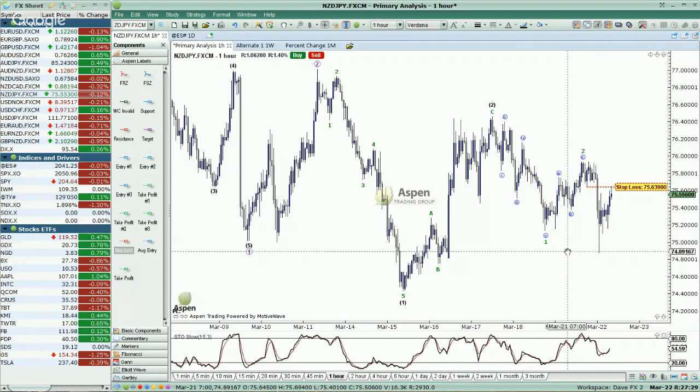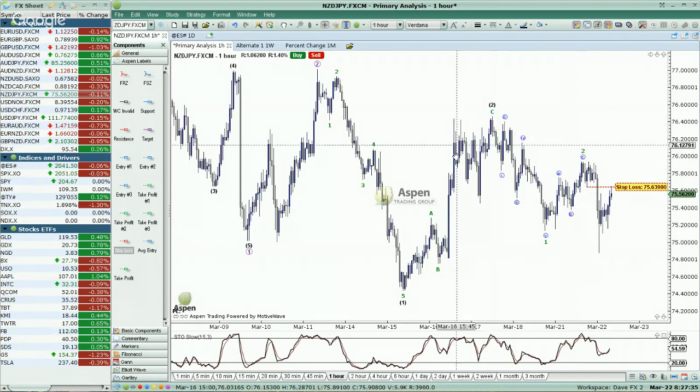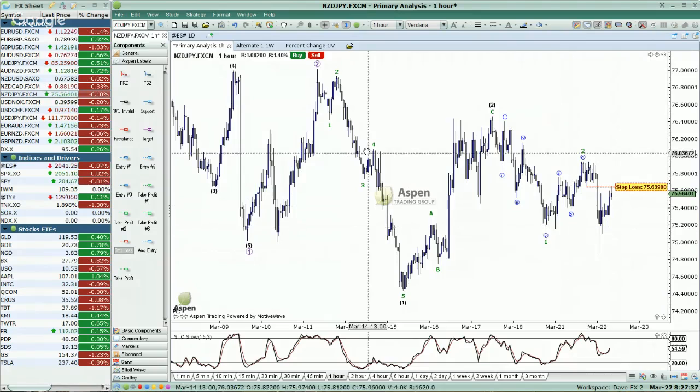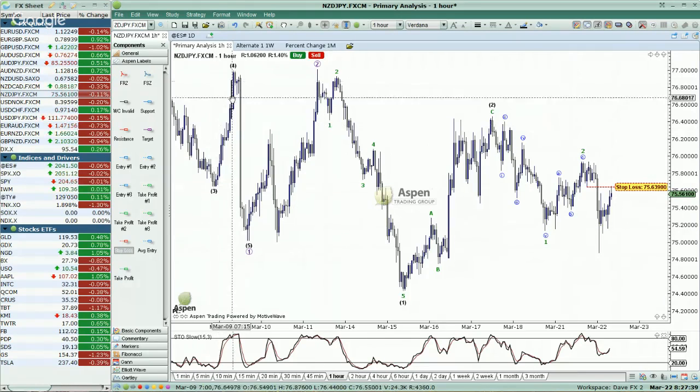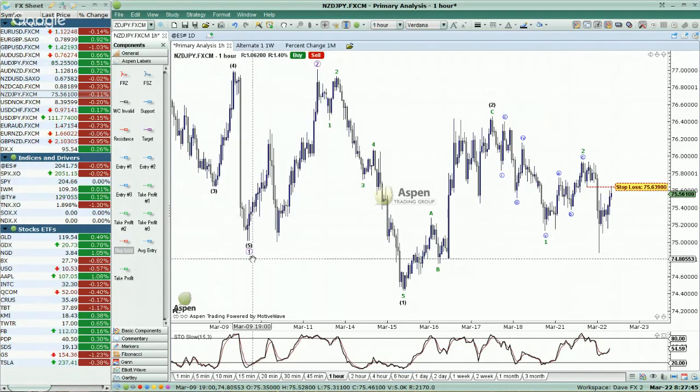But here's the nugget I take out of Kiwi Yen here. Yes, there's a lot of sideways chop. However, each of the moves lower is always in 5 waves. 1, 2, 3, 4, 5.